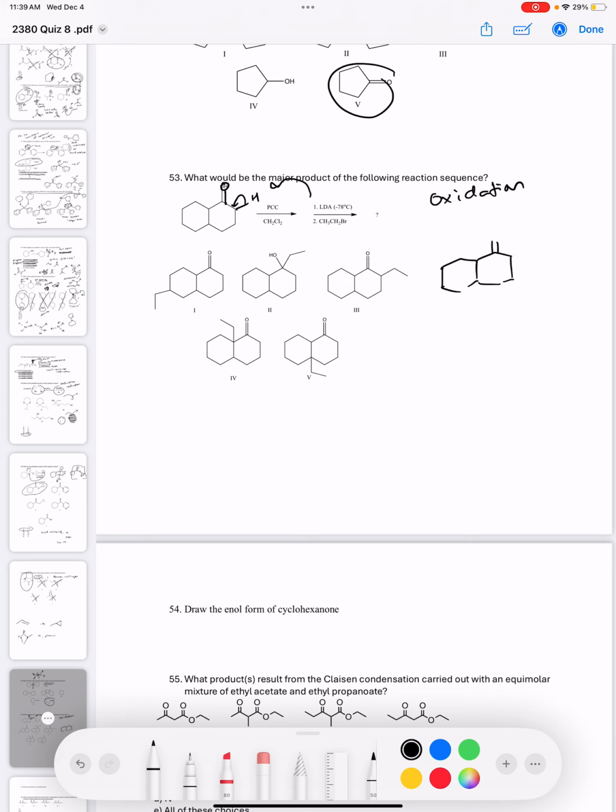And this makes our enolate ion. And then if you add that with this CH3CH2Br, that will attack and kick out, and you get this structure, which is an alkylation at the alpha carbon.